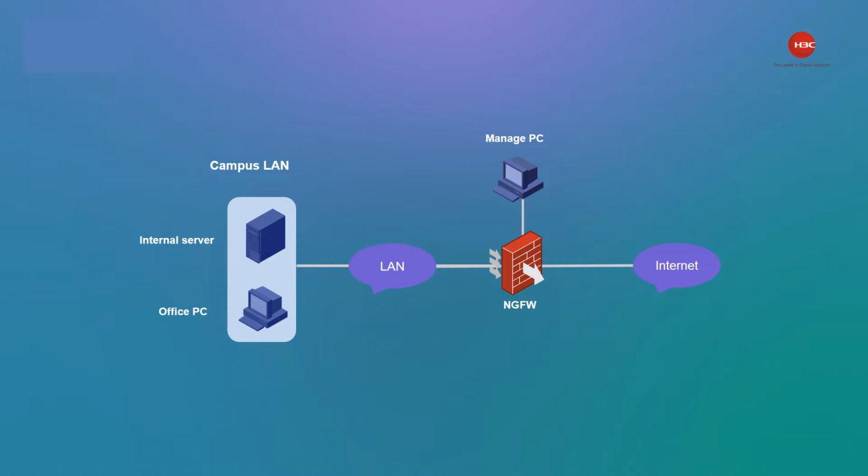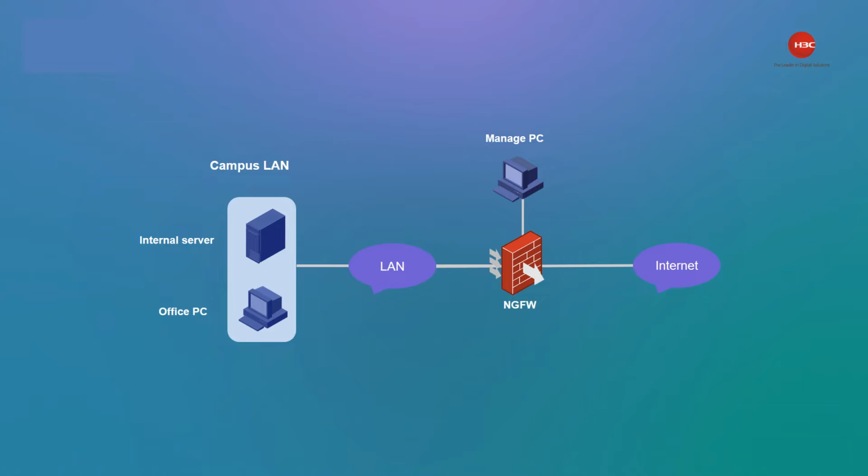IPS detects the real-time interactive packets of the equipment to identify intrusions and make certain response actions to the intrusions, so as to achieve the purpose of protecting enterprise systems and networks from attacks.